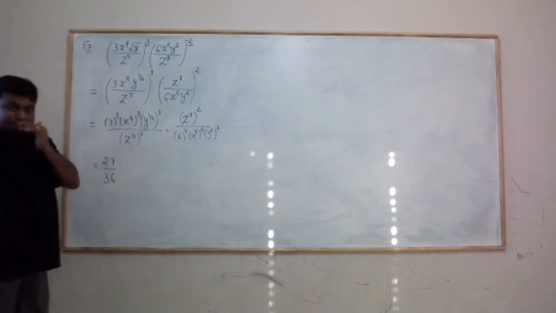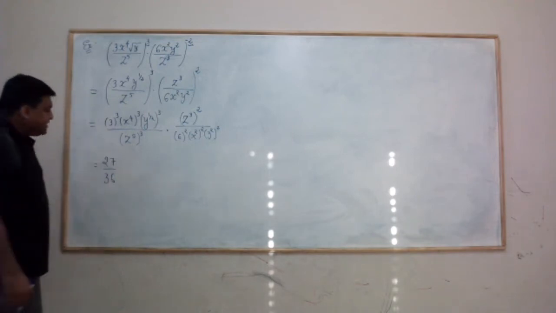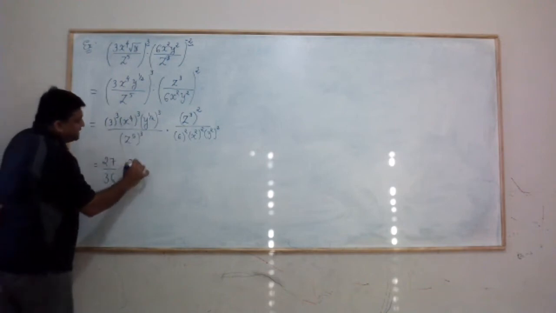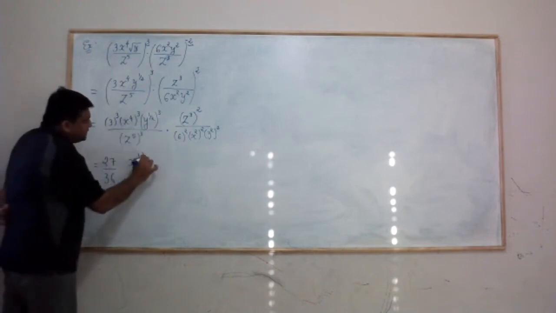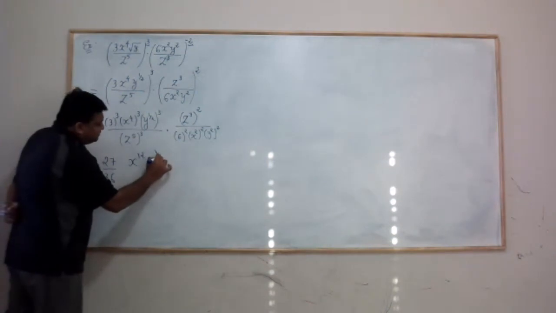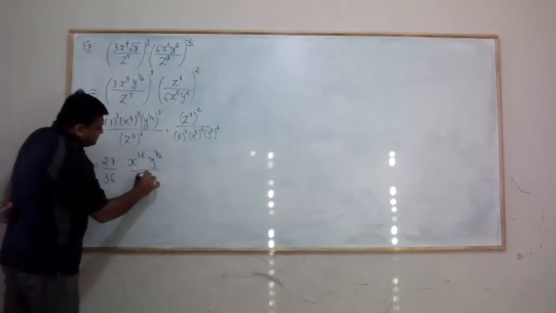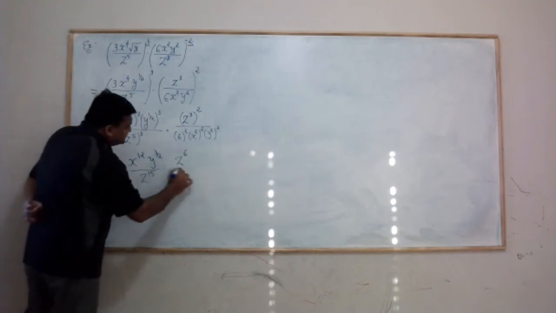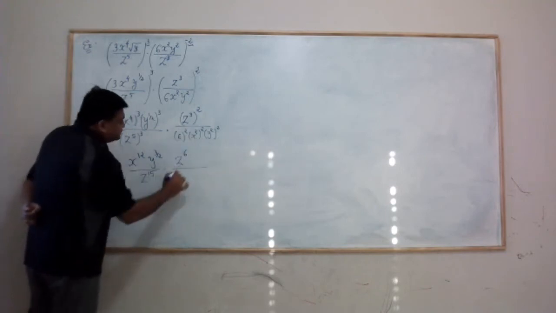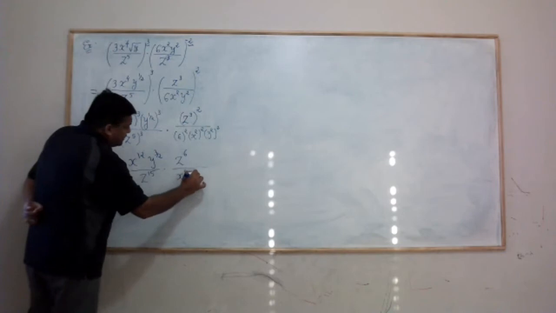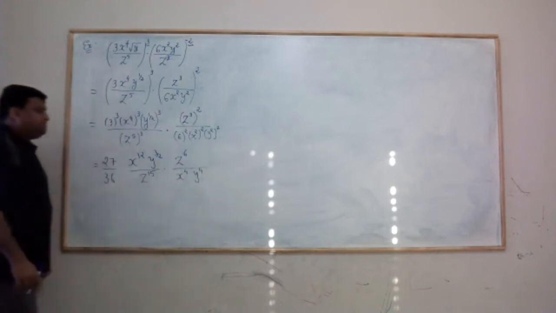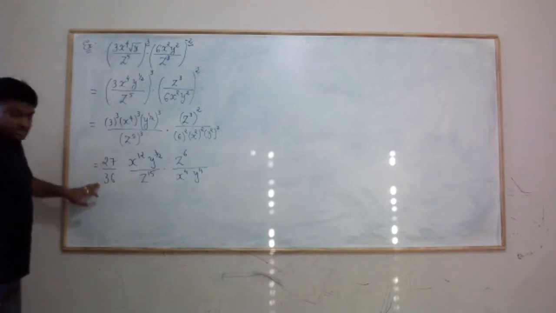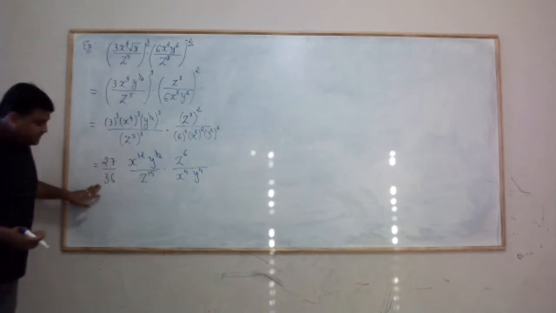So I simplified the numbers and I wrote them in the front. Now multiply power of power. I get x to the power 12, y to the power 3/2, over z to the power 15. And then I have z to the power 6, x to the power 4, and y to the power 4 as well.